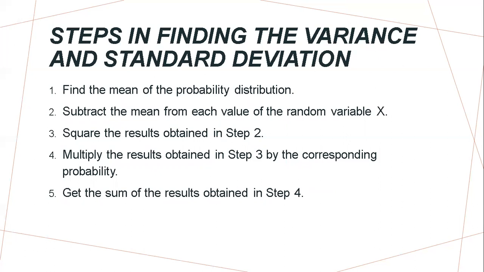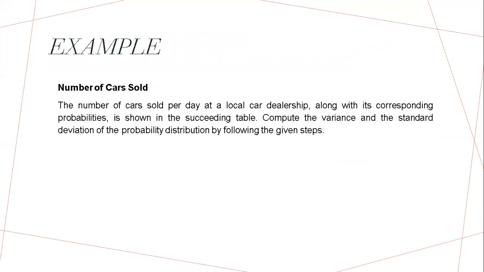Okay, so for further information at mas maintindihan natin, we have an example. So example lang natin para mas maintindihan. Okay, so example tayo. So still a number of cars sold in a certain company. So the number of cars sold per day at a local car dealership along with its corresponding probabilities is shown in the succeeding table. Okay.